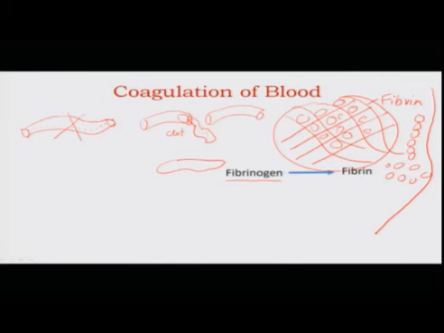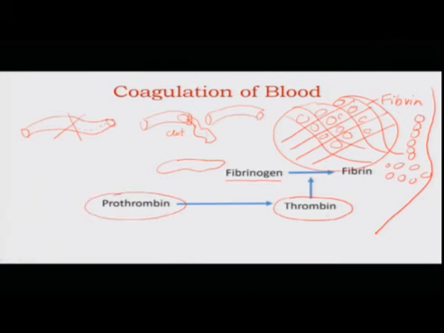The fibrinogen to fibrin conversion takes place by the action of another protein known as thrombin. Thrombin is also not present in this form in the blood normally, but is present in the form of a precursor known as prothrombin. The conversion of prothrombin to thrombin takes place only in the presence of what is known as thrombokinase.